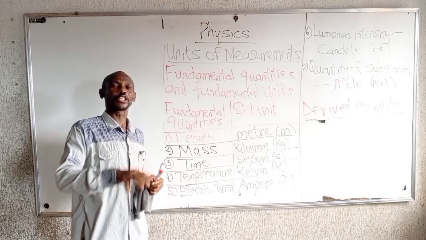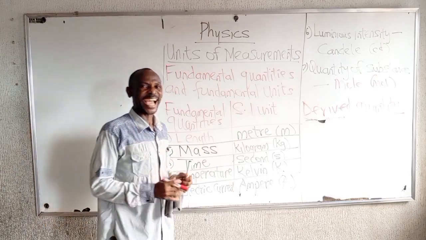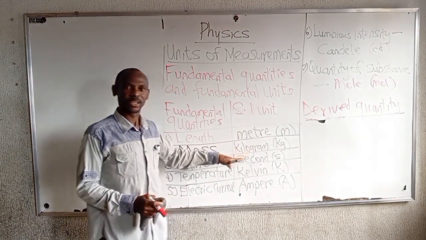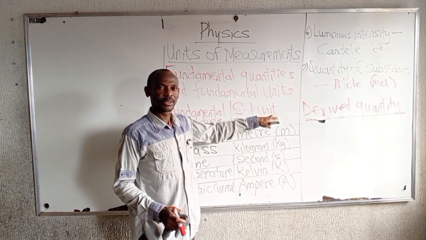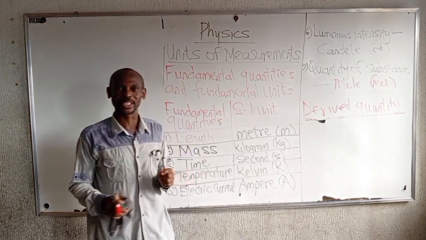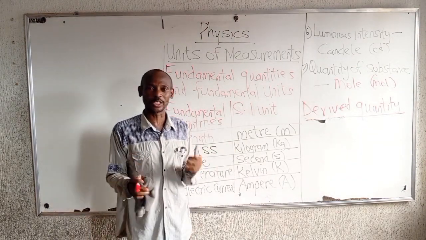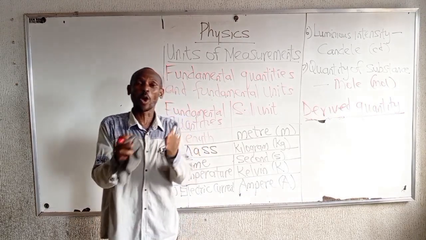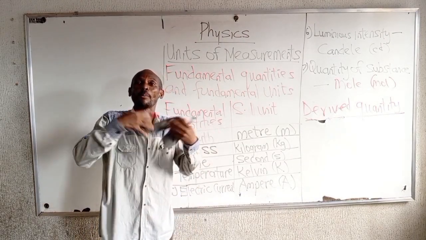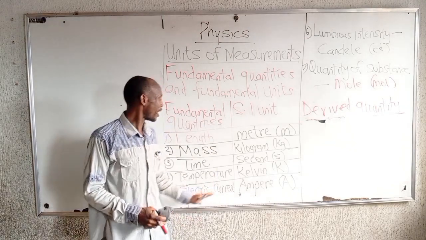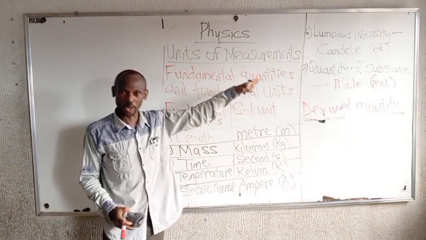Each of these derived quantities has a derived unit from our SI unit. Now what is a derived quantity? A derived quantity is a quantity that is got from various combinations of our fundamental quantities.